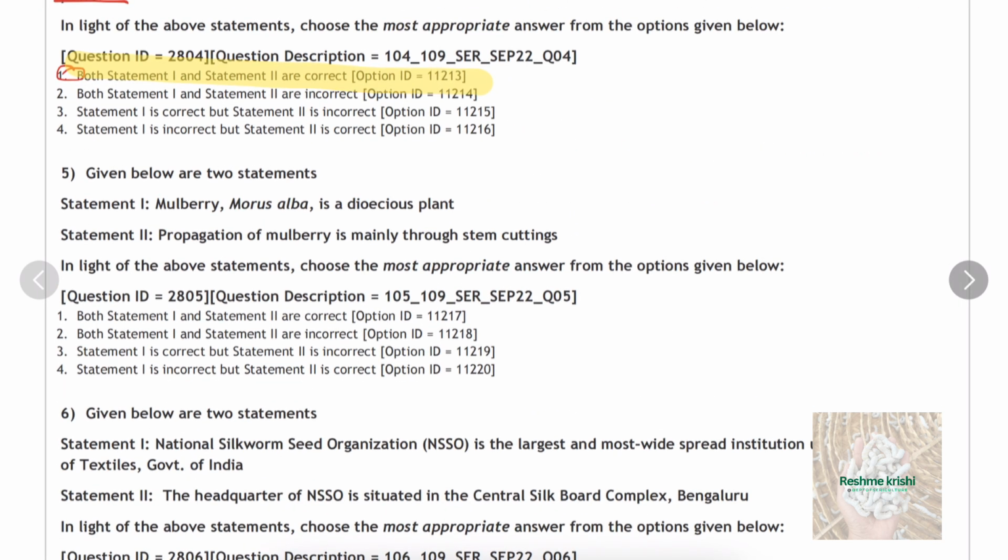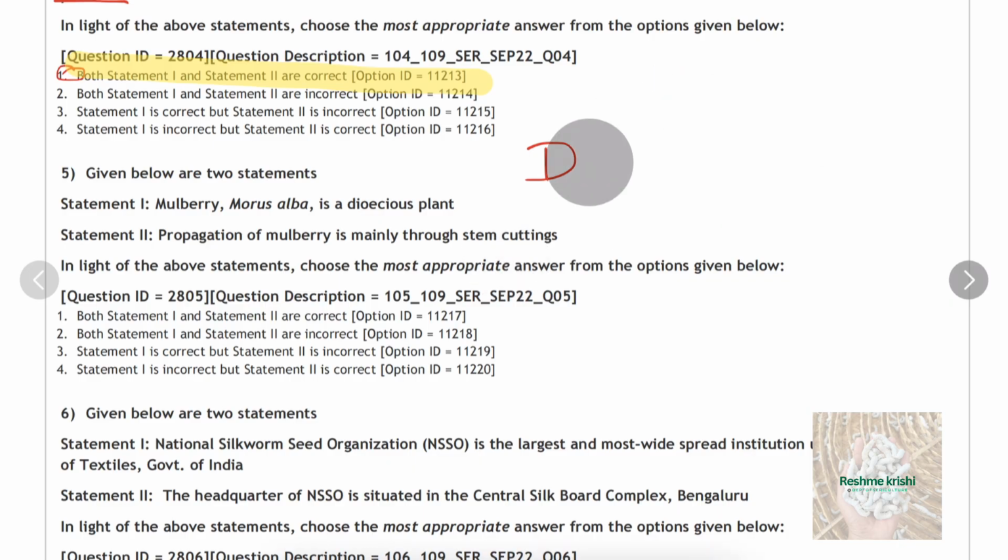Given below are two statements. See, mulberry is basically both dioecious and monoecious. It belongs to a particular variety, whether it is a dioecious plant or a monoecious plant. Dioecious means the plant has male and female separately, right? Monoecious means both are present in the same plant.